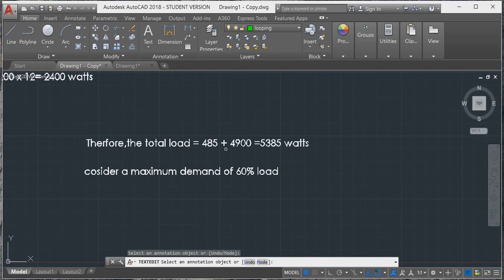This is the power load. Therefore the total load will be 5385 watts. So we have to consider the maximum demand of 60% load. So how much is 60%? 5385 into 0.6, we will get 3231 watts for the use of the energy meter.